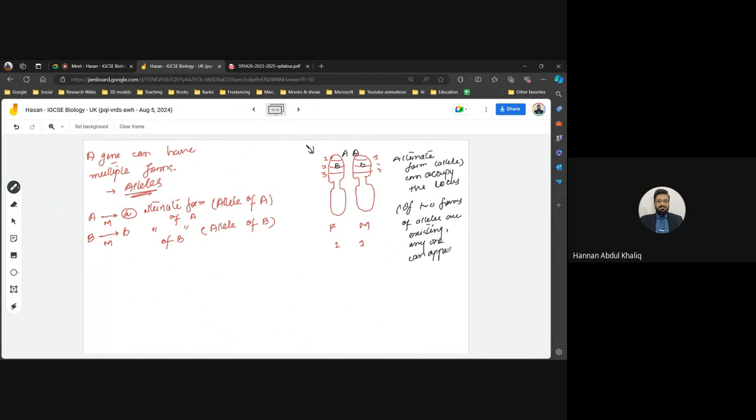So now let's say the third locus is dedicated for gene D. You get a capital D from your mother, but you get a small d from your father.